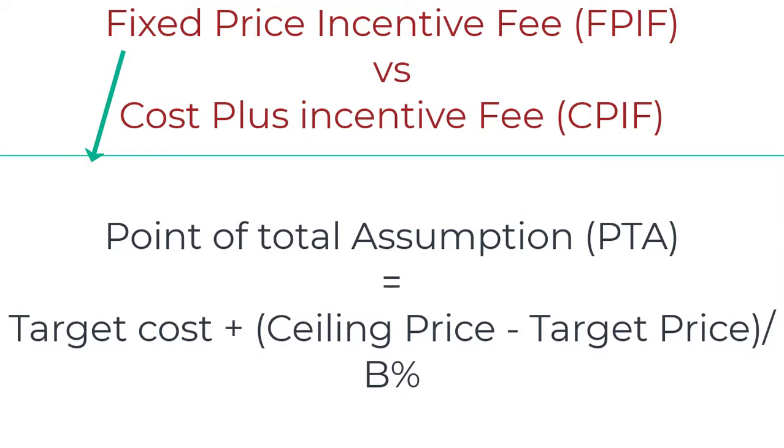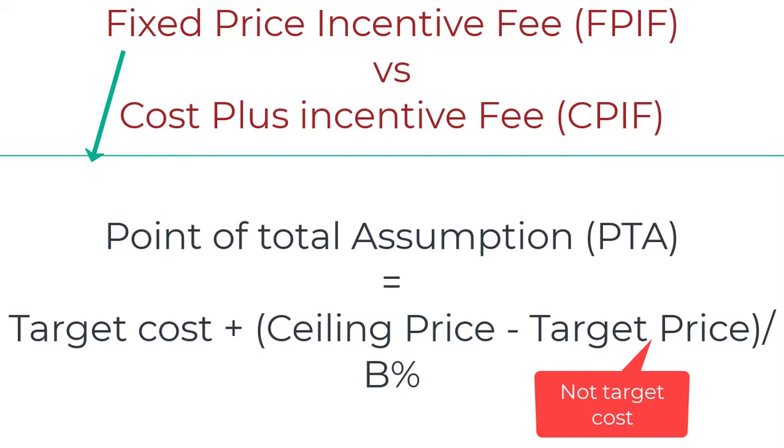I should say actually, target cost is the cost agreed between seller and buyer, and ceiling price is the maximum price in case the project overruns. Ceiling price is always higher than the target price.